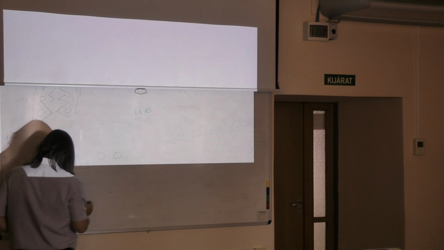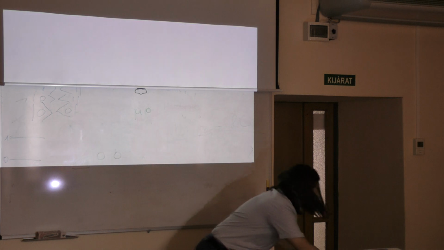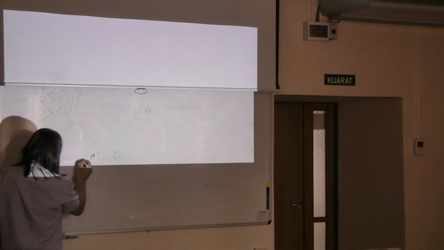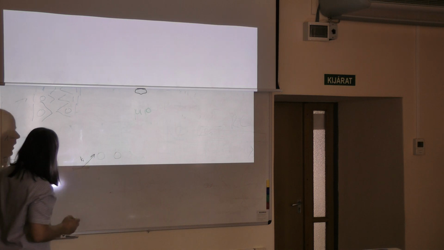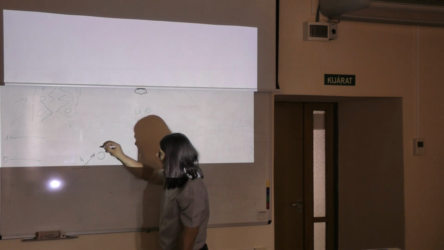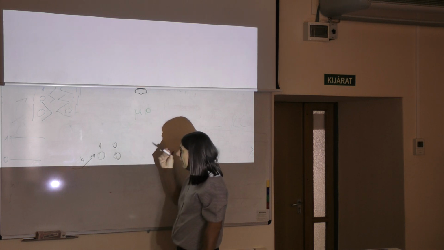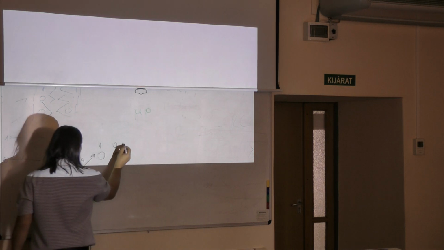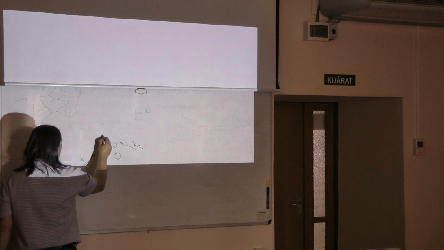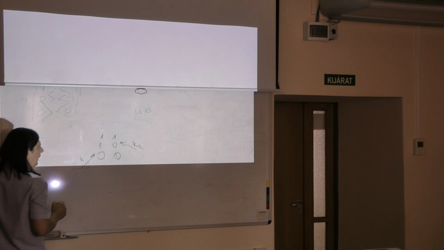We start with the ground state, and we have again our, now it is K1, our first pump, and then we have some coherence. Then we have another pump, let's say K2, that will create population in this state.